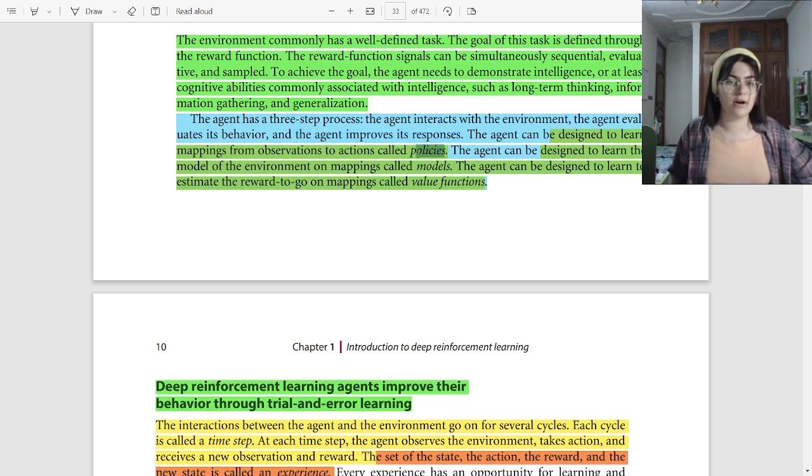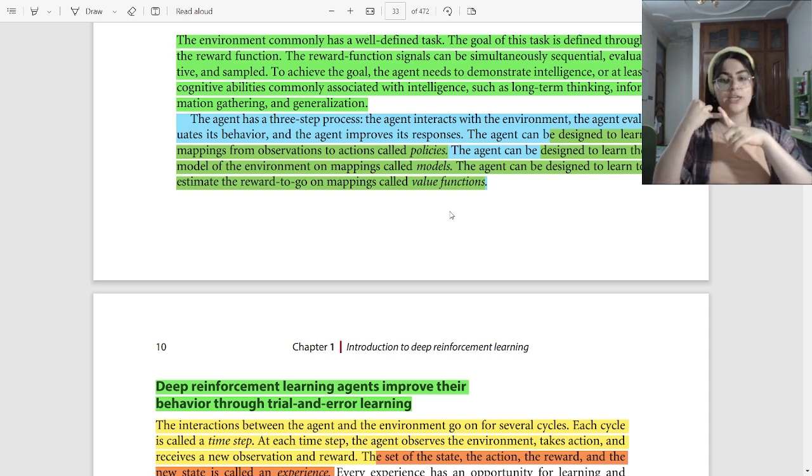So policies are mappings from observation to actions. The agent can be designed to learn the model of the environment, called the model, and can be designed to learn to estimate the reward-to-go, called value functions. And these are three key versions that a reinforcement learning problem can have.